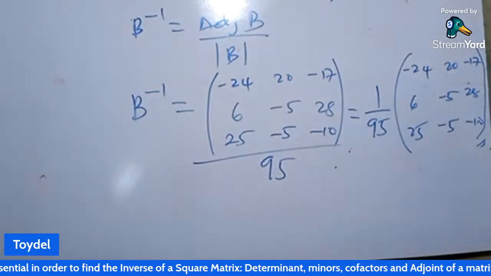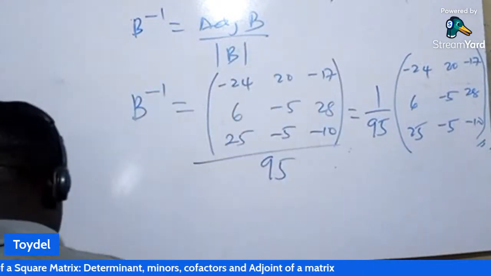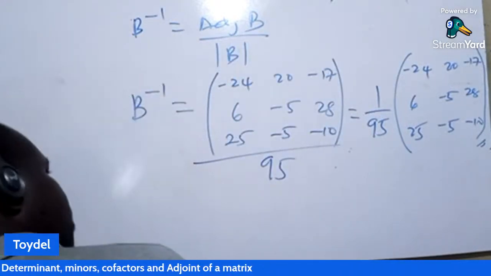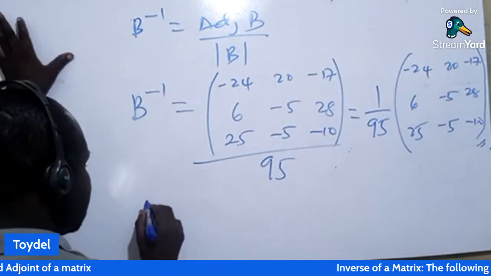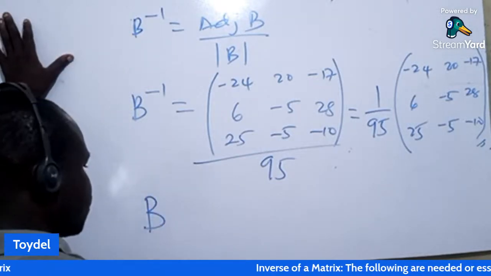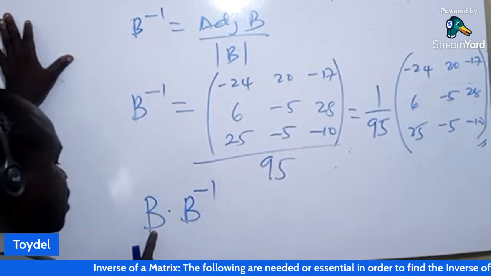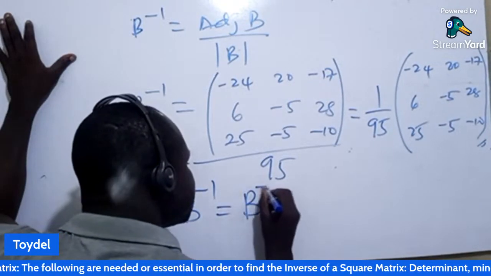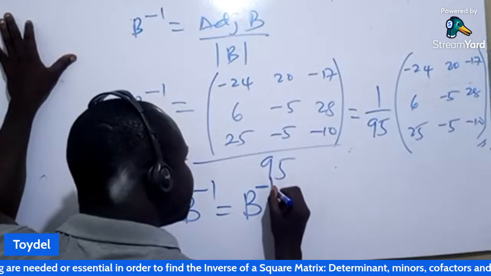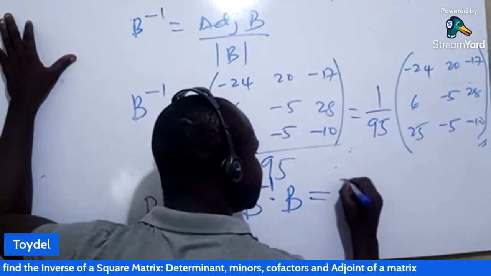I want us to also note that the product of a matrix and its inverse is equal to the unit matrix. That is, if you have a matrix B multiplied by the inverse of that matrix, or the inverse of a matrix multiplied by that matrix, at the end of the day, we must get an identity.